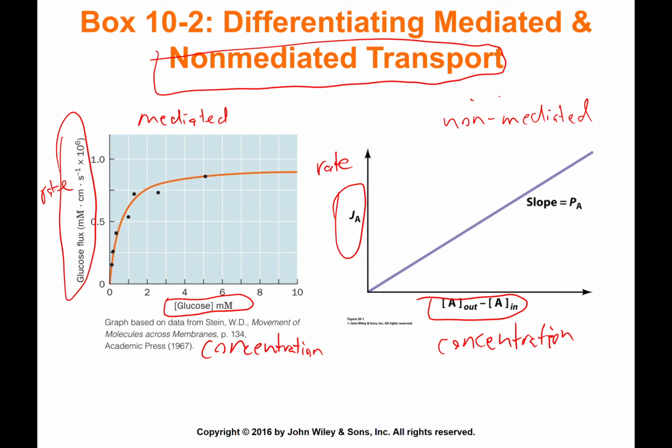All right, let's think real quick. We're going to do a little bit of kinetics from Gen Chem, a low kinetics review. Our reaction that we're doing here is just this molecule A, whatever A might be, going from the inside of the membrane to the outside of the membrane.